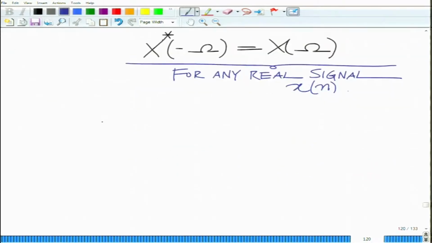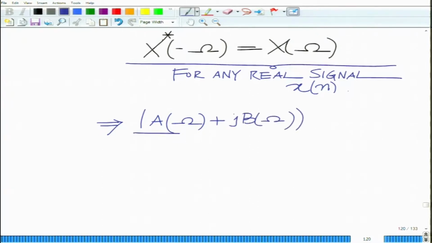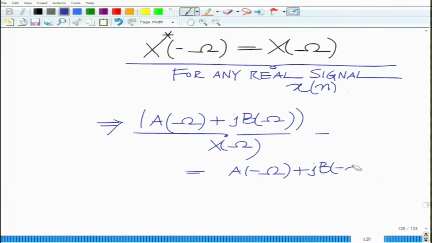So this implies that if I take the DTFT A(omega) plus j B(omega), this is X(omega), and this must be equal to X of minus omega conjugate. So, A(minus omega) plus j B(minus omega), conjugate.